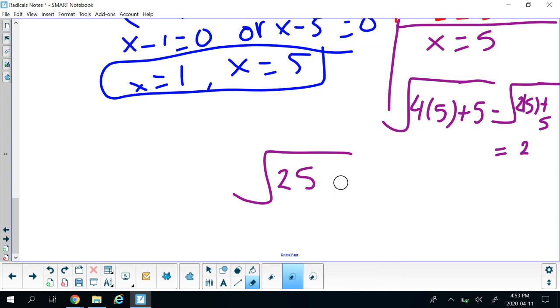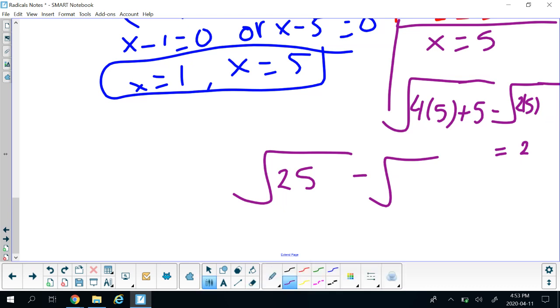Sorry, this is minus. 5 times 2 is 10. Oh, there is a minus here. And then there is negative 1 here, negative 1 instead of 5.